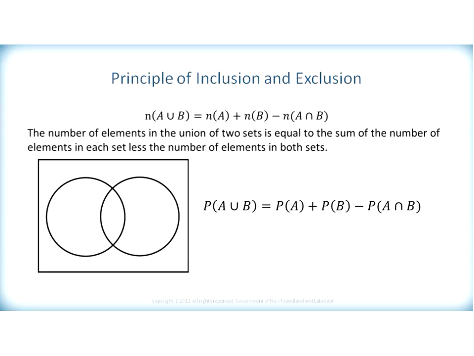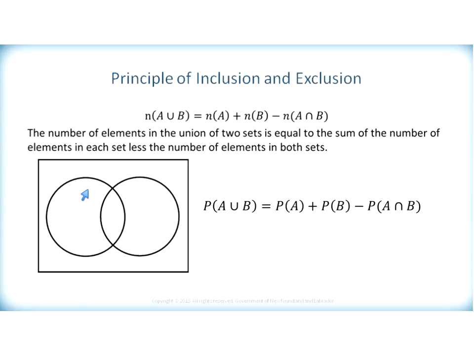Let's recall the principle of inclusion and exclusion. The principle of inclusion and exclusion stated that the number of elements in the union of two sets is equal to the number of elements in A plus the number of elements in B, subtract the number of elements in both sets.